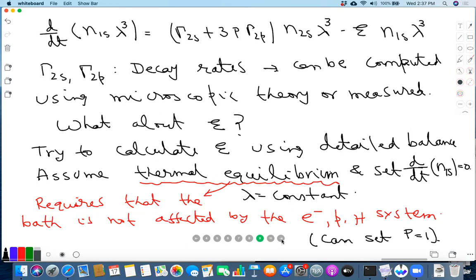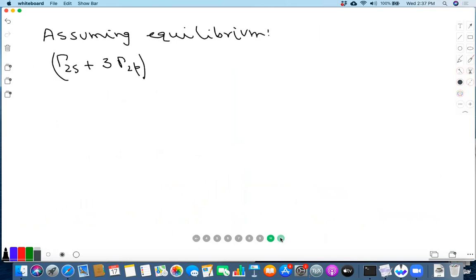So we'll calculate this. I'll call that the rate E naught. N2S will be equal to E naught N1S.